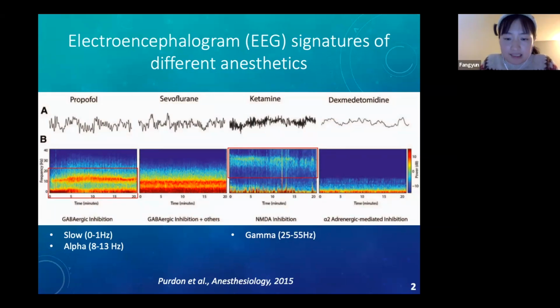Different from other anesthetic drugs, which are mostly associated with low-frequency EEG patterns, ketamine produces high-frequency oscillations that are often considered indicators of a highly activated brain, even though the patients may be unconscious. Ketamine's effects are also dose-dependent.